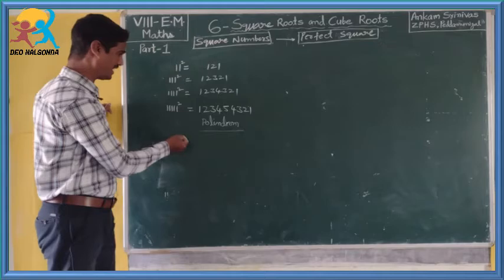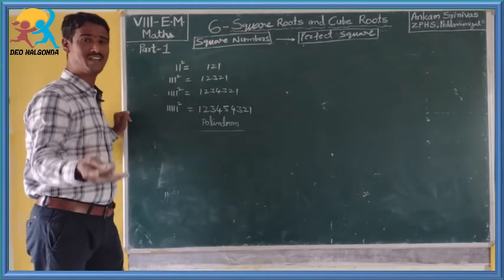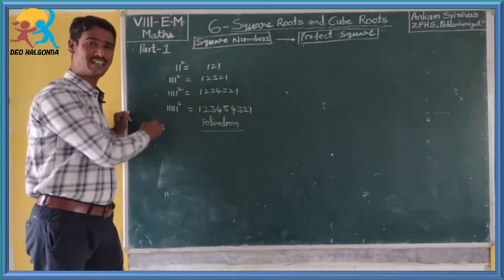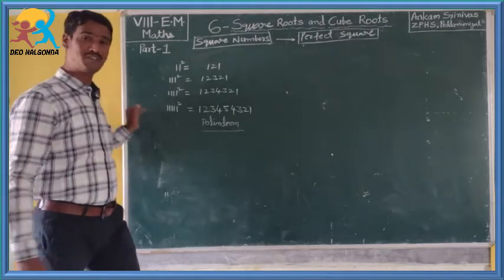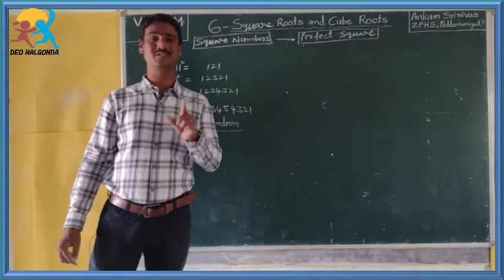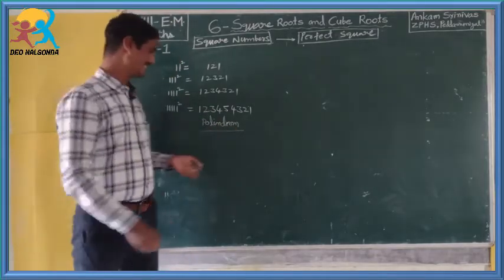So like that, if I take 6 ones, we get 1, 2, 3, 4, 5, 6, 5, 4, 3, 2, 1. If I take 9 ones, what will we get? 1, 2, 3, 4, 5, 6, 7, 8, 9, 8, 7, 6, 5, 4, 3, 2, 1. Very easy.